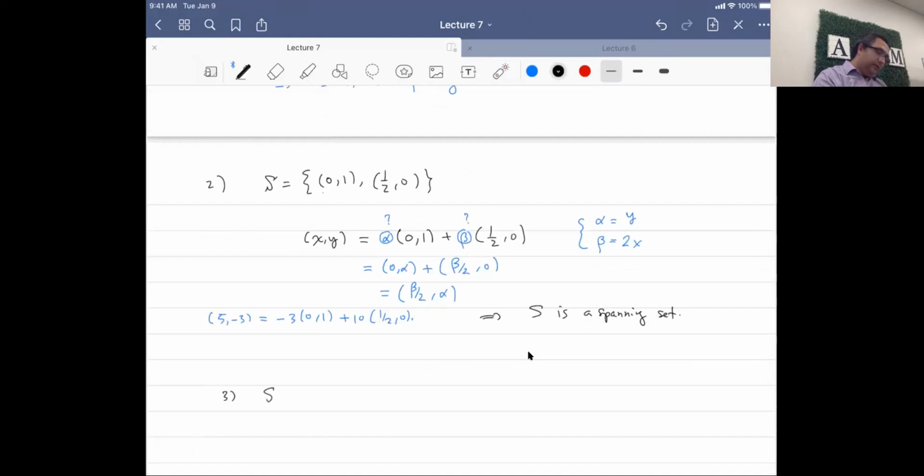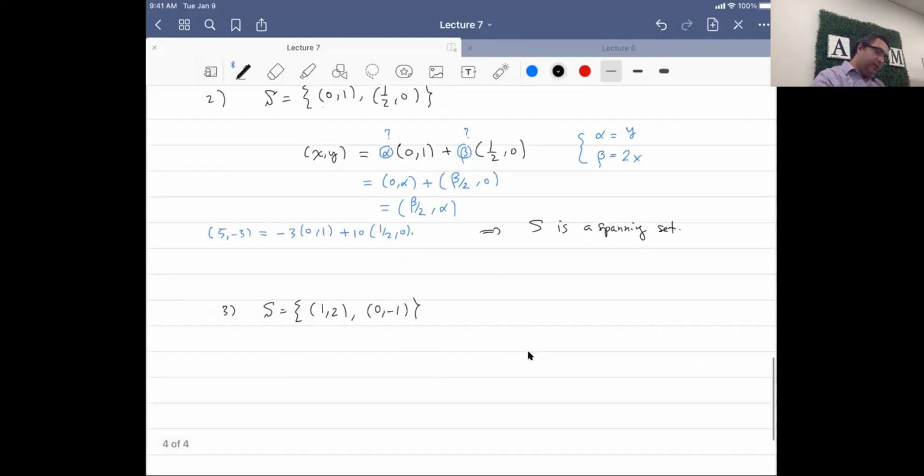So thinking about that, do you think this is a spanning set, (1, 2), (0, -1), for R2? Once again, I put XY. Can I write it as alpha times (1, 2) plus beta times (0, -1)?